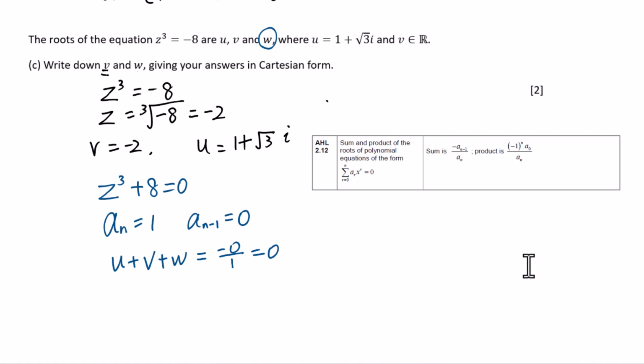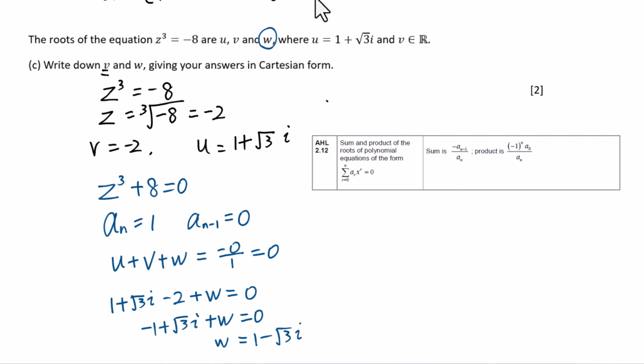Do the substitution: 1 plus square root of 3 i minus 2 plus w equals 0. Combine like terms: negative 1 plus square root of 3 i plus w equals 0. So w equals 1 minus square root of 3 i. Therefore, v equals negative 2, w equals 1 minus square root of 3 i.